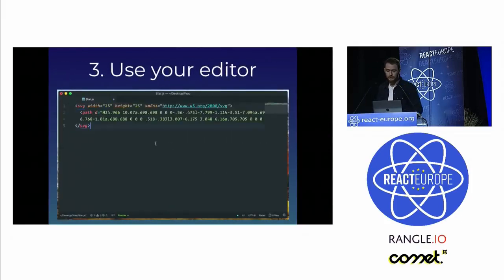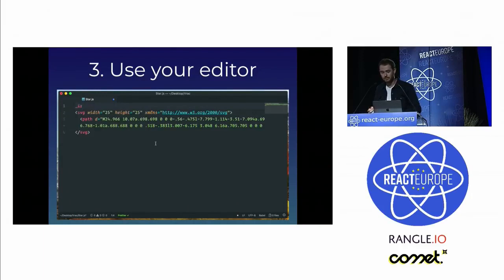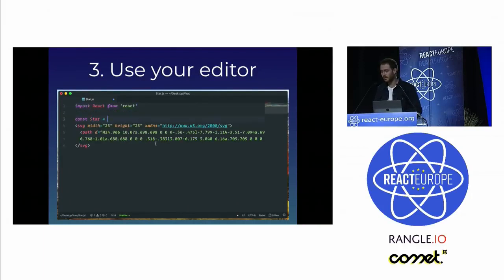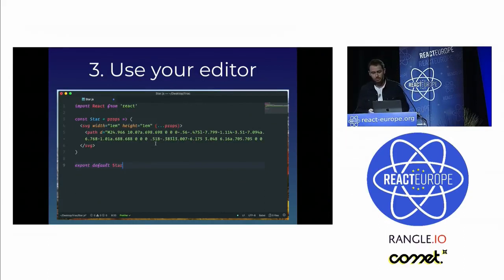And the third and the last step is the most complicated one. You have to transform your SVG code into a React component. You have to import React, to change the HTML into JSX, and it's a pretty boring step.